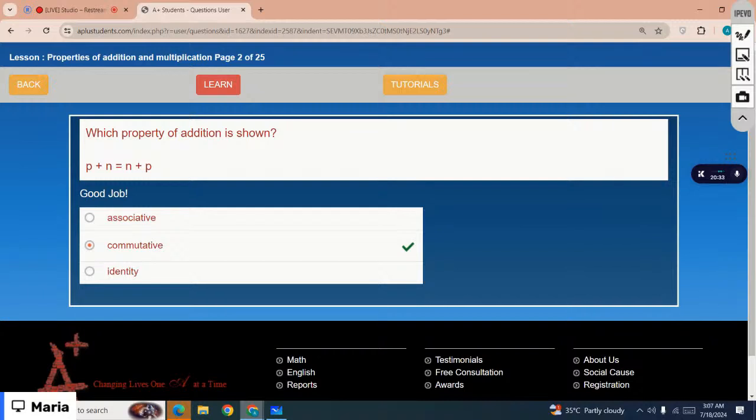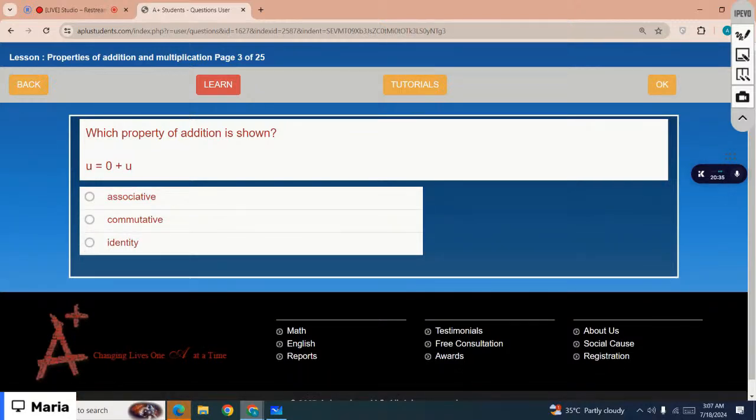Okay, the next one is which property of addition is shown? U equals 0 plus U, which is the correct option?